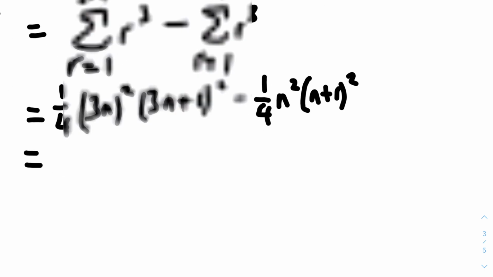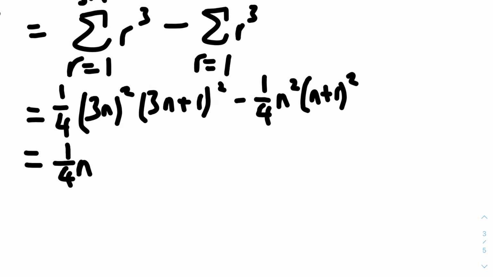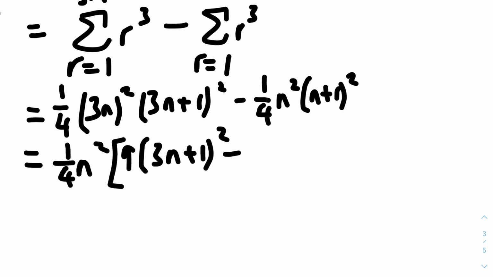So it will be 1 over 4 n squared times 3, in this case it's 3 squared, so it'll just be 9, times 3n plus 1 squared, minus, we've taken out the 1 over 4 n squared, so it's just n plus 1 squared, like so. So now we basically just simplify the whole expression.